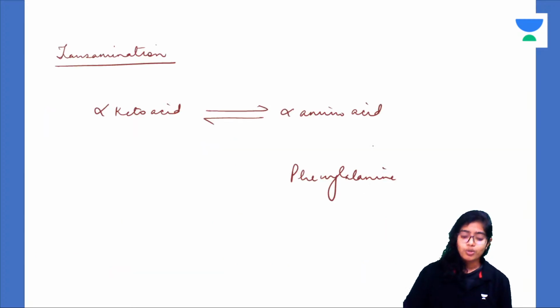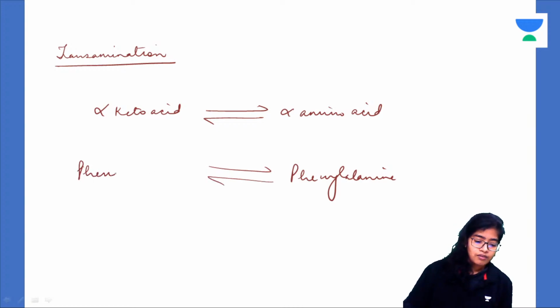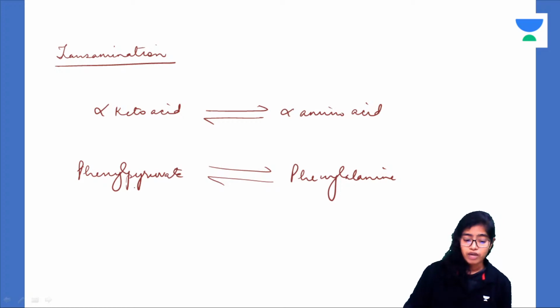Therefore, this accumulated phenylalanine is going to convert to phenylpyruvate. Alanine converts to pyruvate, so phenylalanine will convert to phenylpyruvate. What is this? This is an alpha keto acid, while phenylalanine is an alpha amino acid.